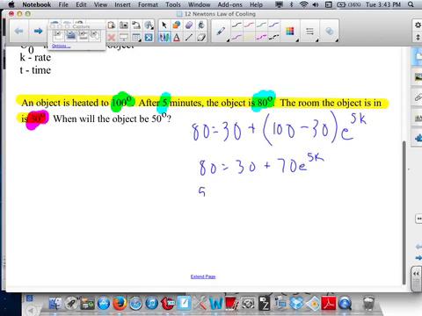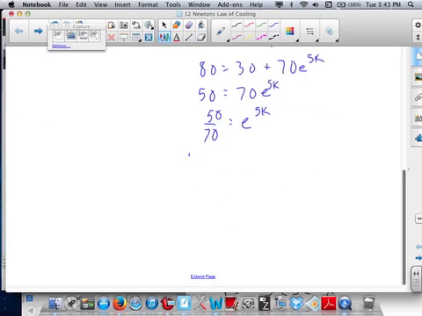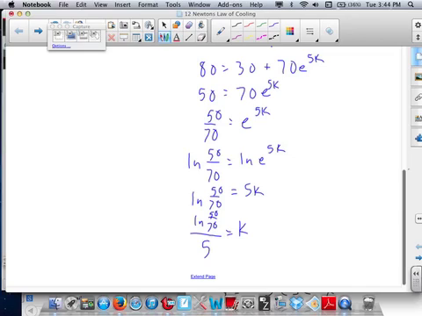Subtract 30 from both sides. Divide by 70. ln on both sides. So that'd be the ln of 50 over 70 equals 5K. So it looks like our rate is going to be K equals ln of 50 over 70, all over 5.